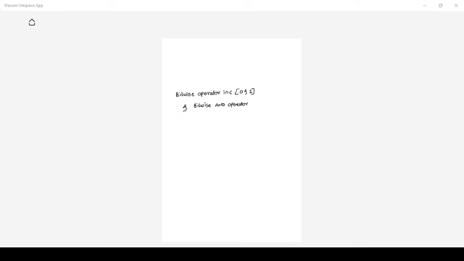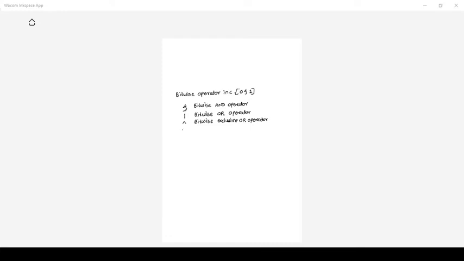The next operator is the bitwise OR operator. The next operator is called the bitwise exclusive OR, or XOR operator.